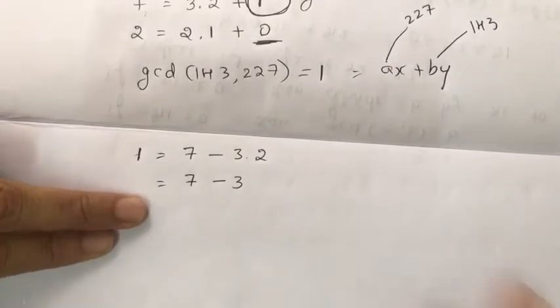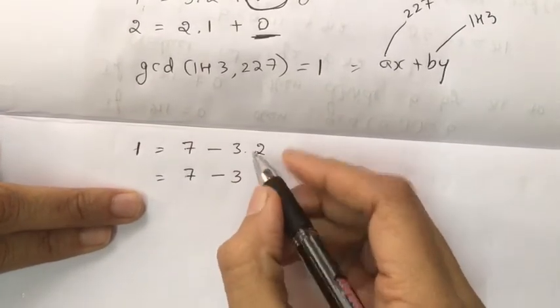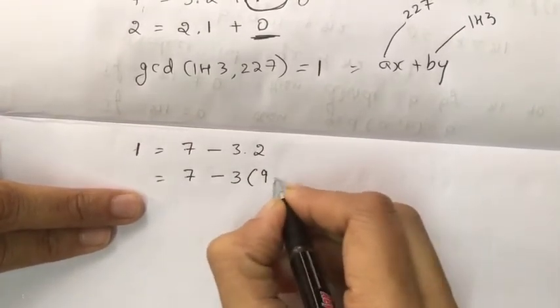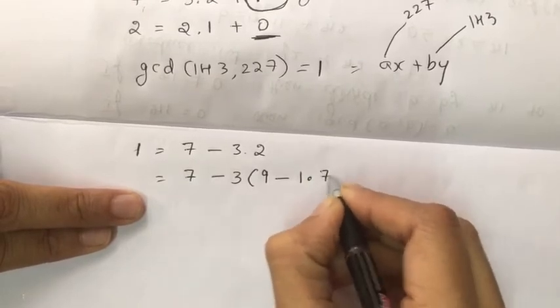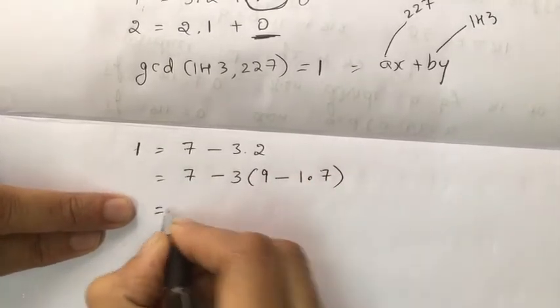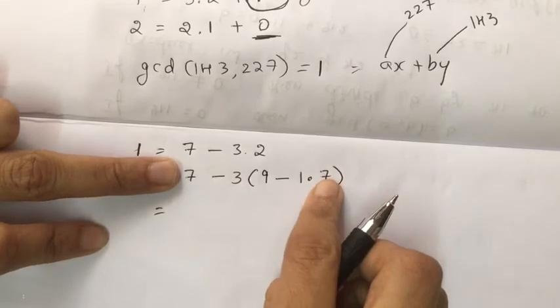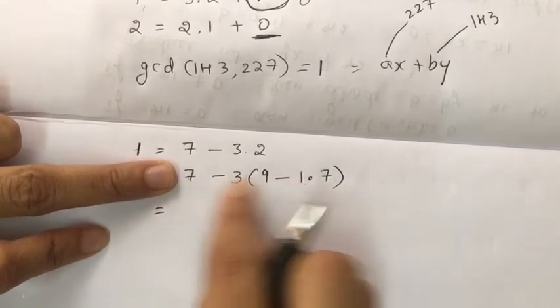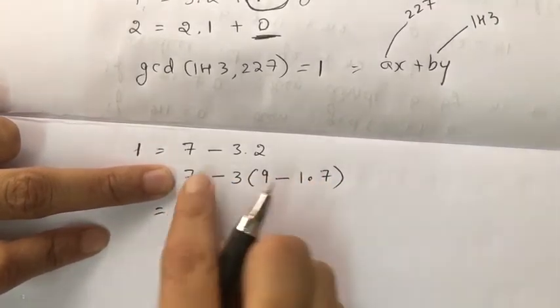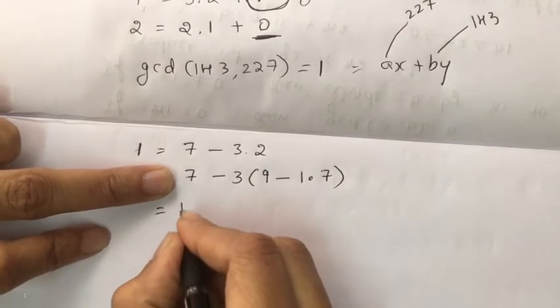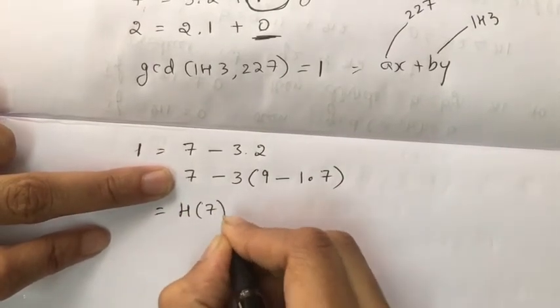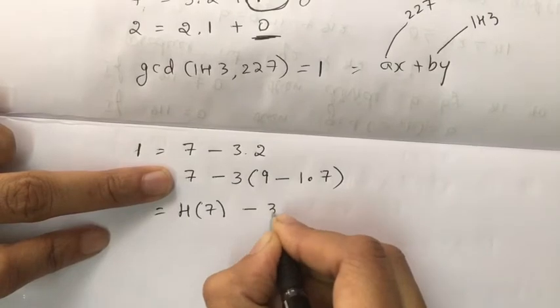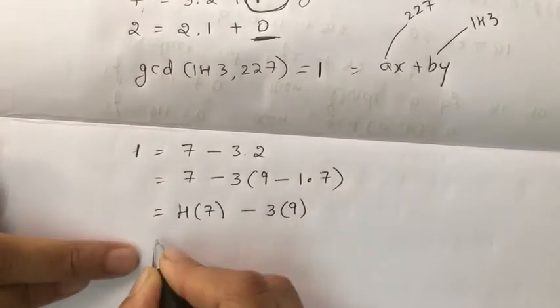So the same thing, this 2 I'm rewriting as 9 minus 1 into 7. Then the 7 here also is there. So this is once and this is thrice. So total 4 times: 4 times 7 minus 3 times 9.